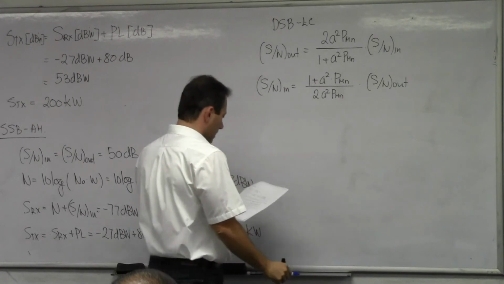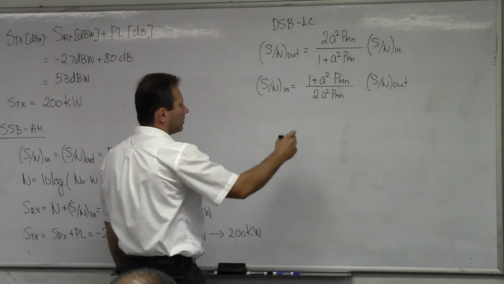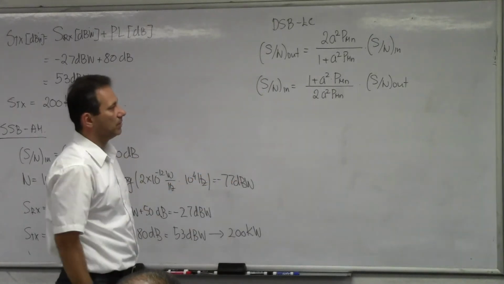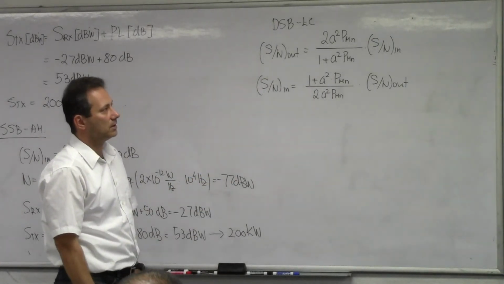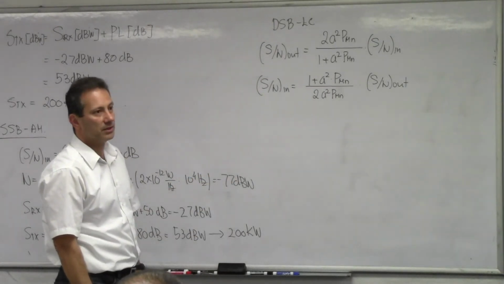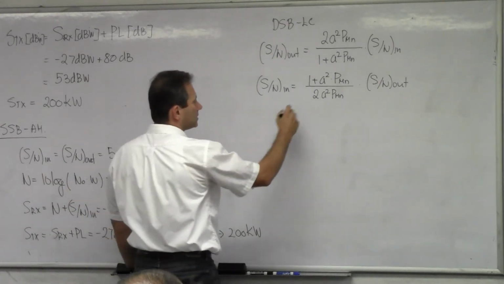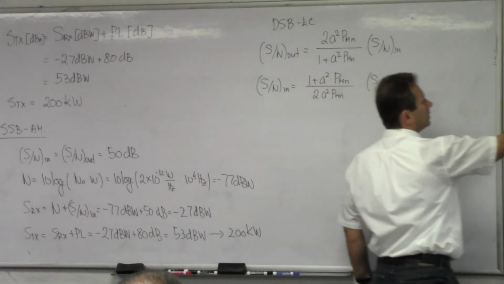Now, the question here is a squared, I know, because a is given to me, but what is the normalized power of the signal, right? I have this from here.